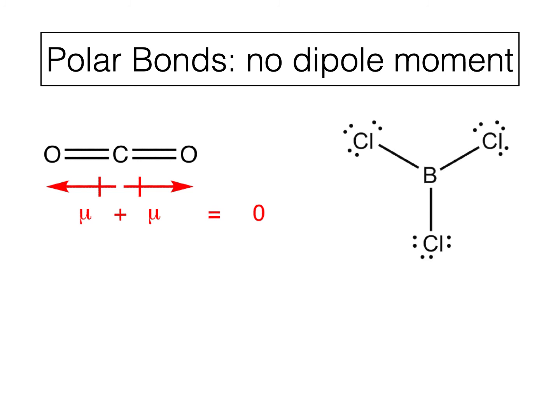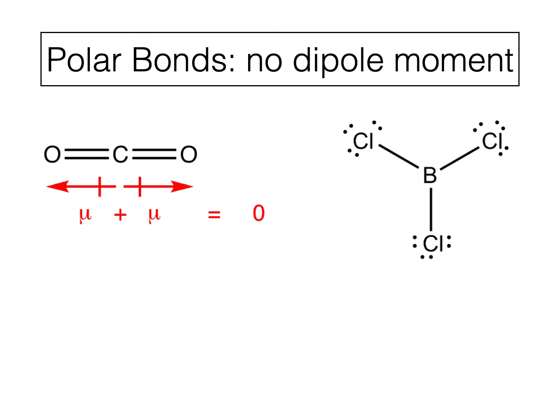The same thing happens here with this boron trichloride molecule. Three polar covalent bonds arranged in this trigonal planar, it's totally flat configuration. And there's 120 degrees between each of those bonds. If we drew in our arrows, they would point from the boron towards the chlorines because they have a higher electronegativity.